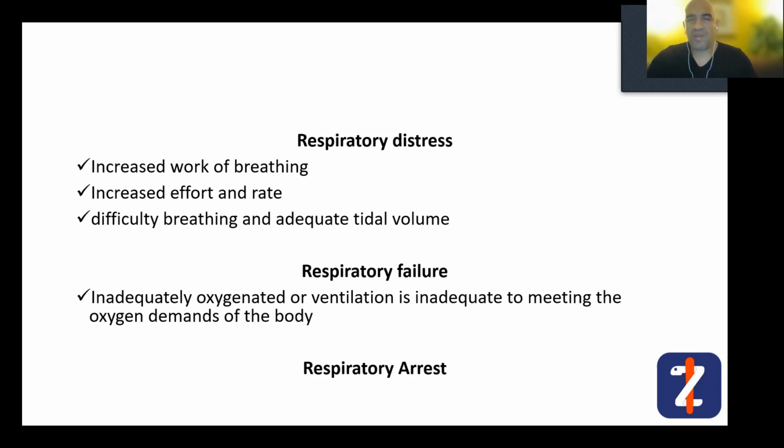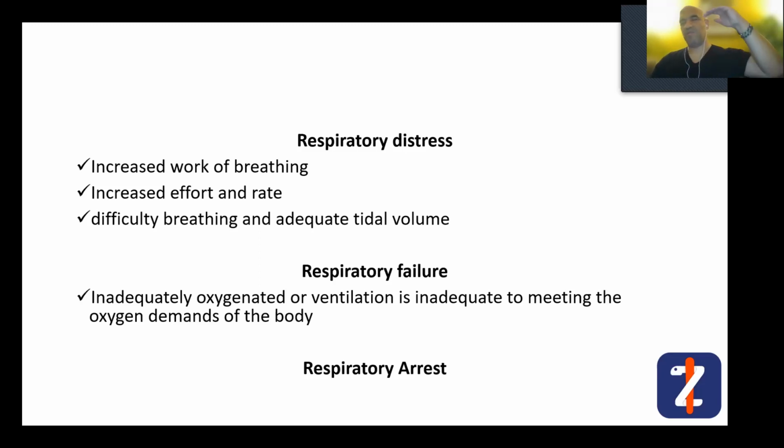That's the distress. Now we're going to the worst case, respiratory failure. This is when there's inadequate oxygenation, and ventilation is inadequate to meet the demands of the body. The body needs oxygen. So if it's not happening, they start going down this spiral. As they're in distress, everything goes up, heart rate, breathing.